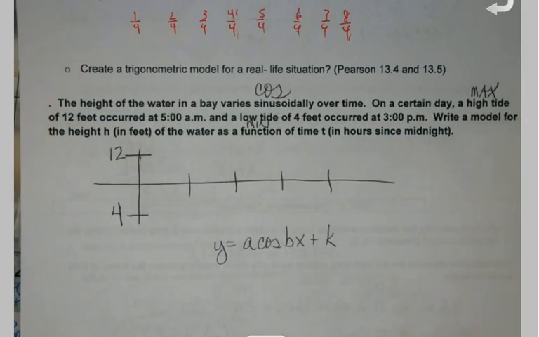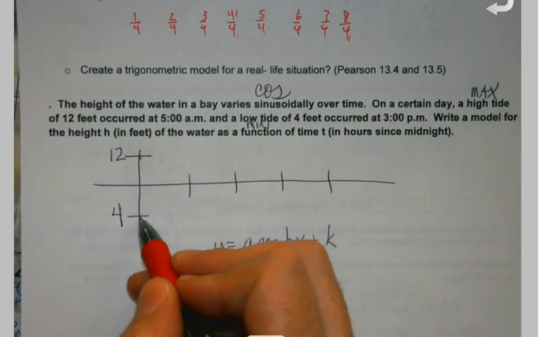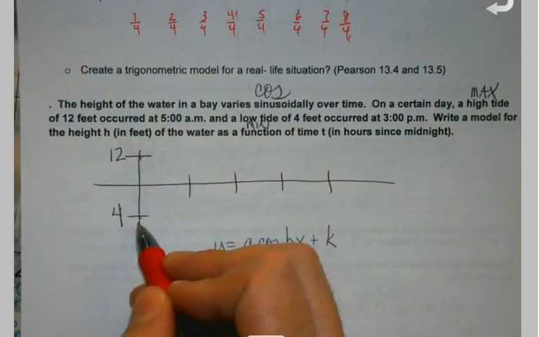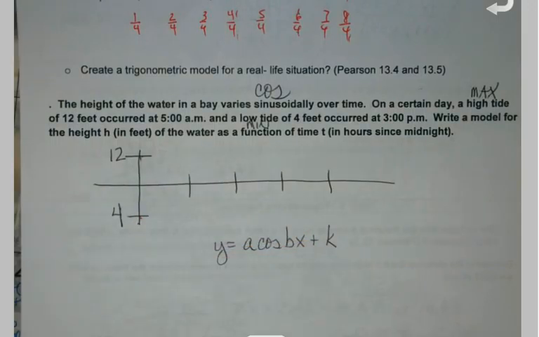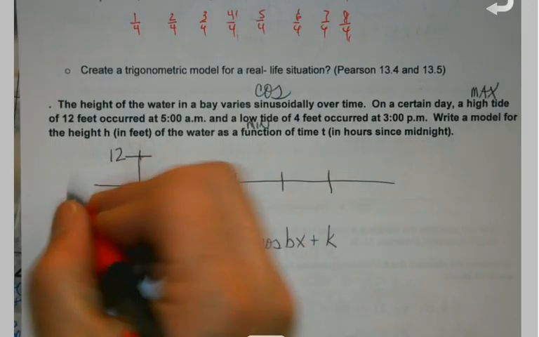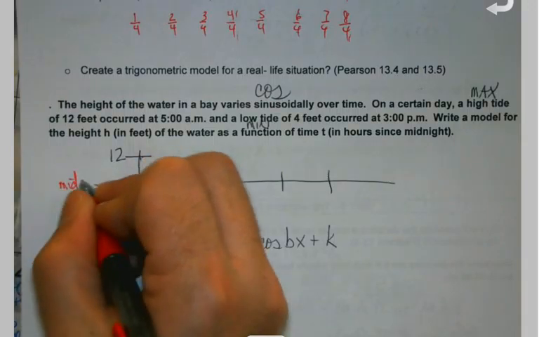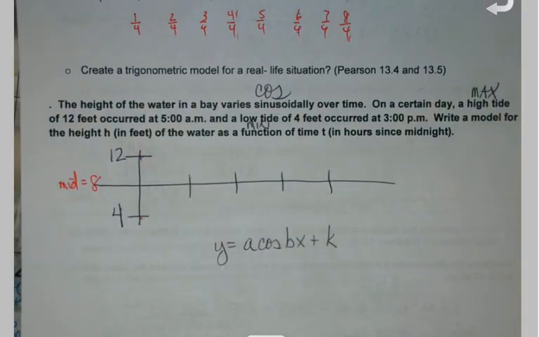We're going to have to go way back for a second here. When we talked about a midline before, the midline is just the middle of where my min and max are. So what's right in the middle of 4 and 12? If I add them up, that's 16, divide by 2, it's 8. So my midline is going to be 8.